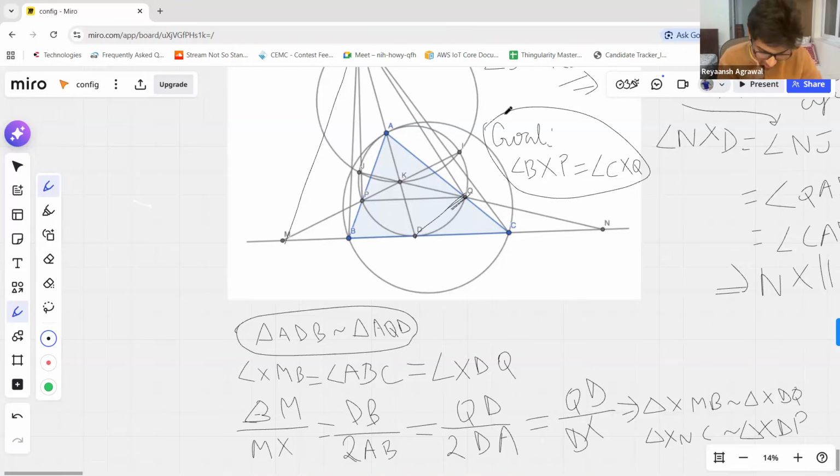Someone said earlier that triangle AXC is similar to triangle CDP.